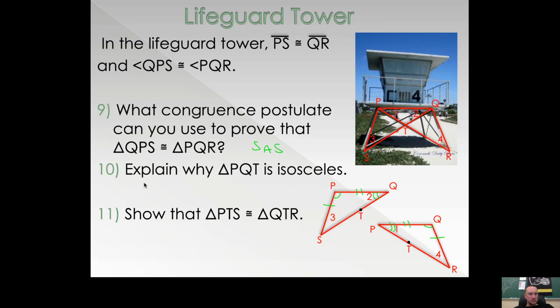That's CPCTC. So CPCTC tells you that those angles are congruent to each other. And then if you just look at that triangle PQT, you can definitely see it's isosceles because angle P and angle Q are congruent. So CPCTC gives you congruent base angles.